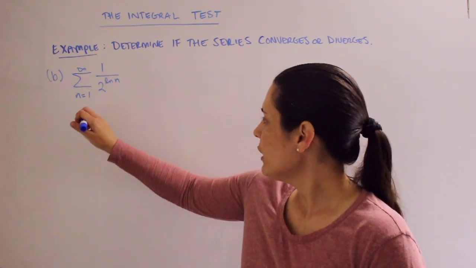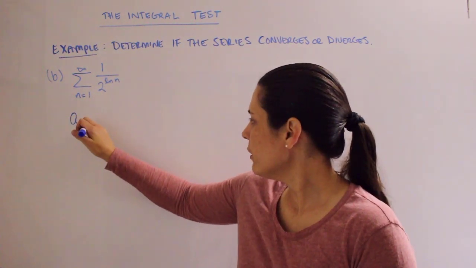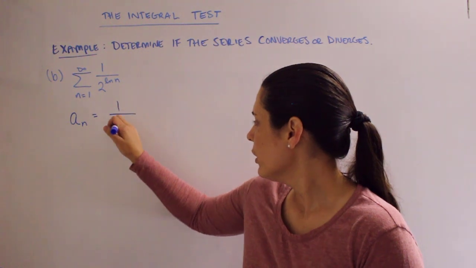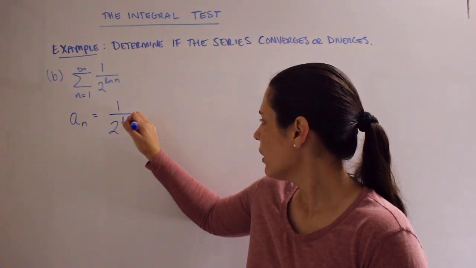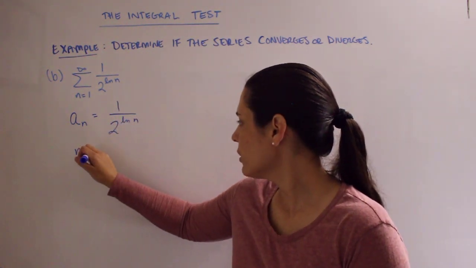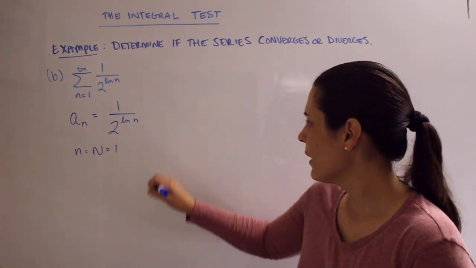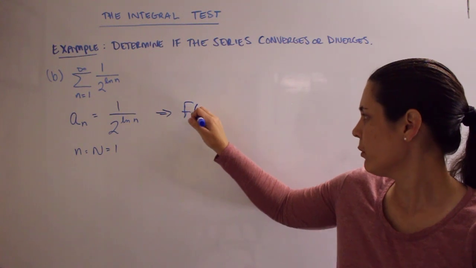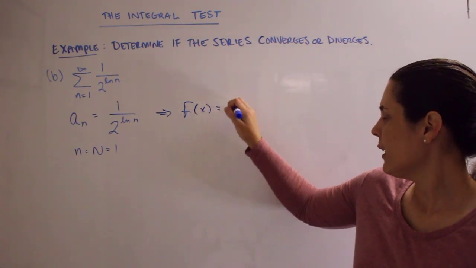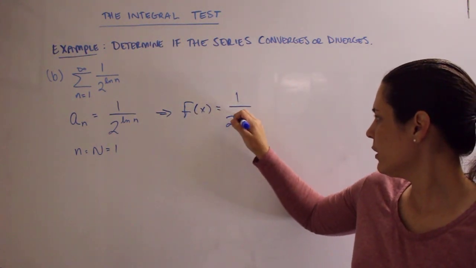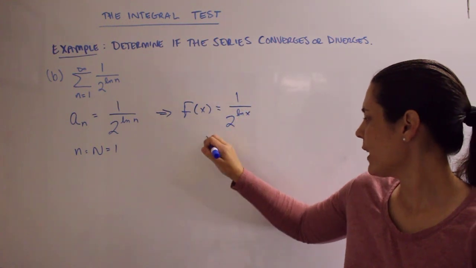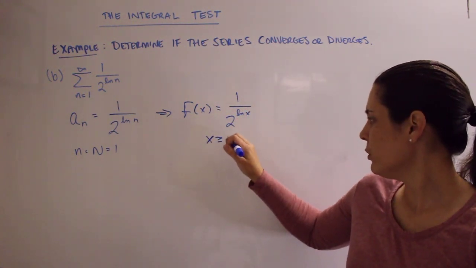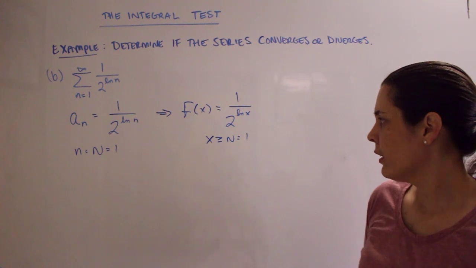Our sequence associated with this series is 1 over 2 to the natural log of n, where n starts at capital N, which is 1. And our function associated with this sequence is 1 over 2 to the natural log of x, where x is greater than or equal to capital N, which is 1 again.